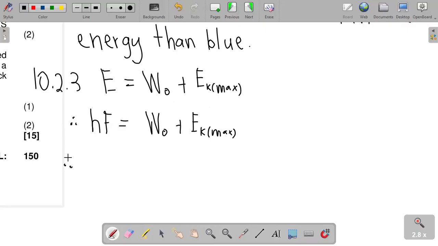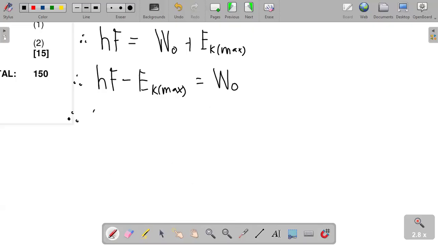So then it's hf minus EK max equals W. Then we can substitute the frequency. We use the constant here, 6.63 multiplied by 10 negative 34, and then we substitute the frequency and minus the EK max.